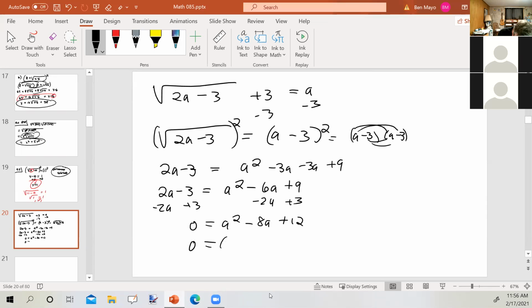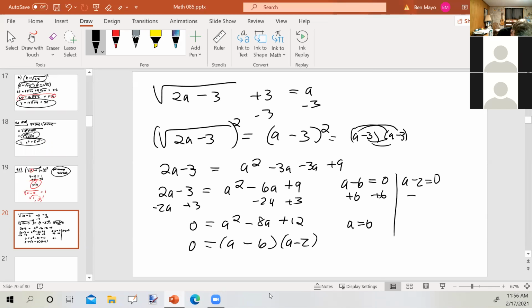Factoring that, I get a minus 6 and a minus 2. So if a minus 6 equals 0 and a minus 2 equals 0, adding 6, we get a equals 6. Adding 2, we get a equals 2. So I have two potential solutions, 6 and 2.